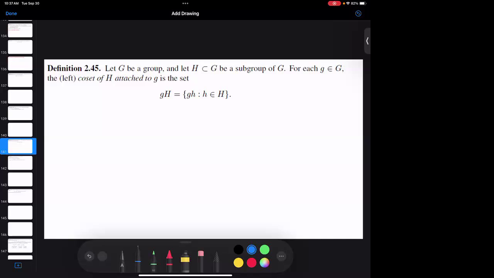So for every g in G, we can construct the left coset by taking everything in H and multiplying on the left by g. For example, if H equals the identity, h1, h2, h3, then gH is going to just be g, gh1, gh2, gh3.